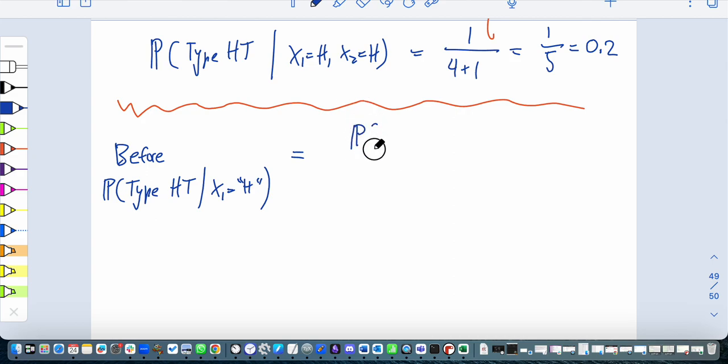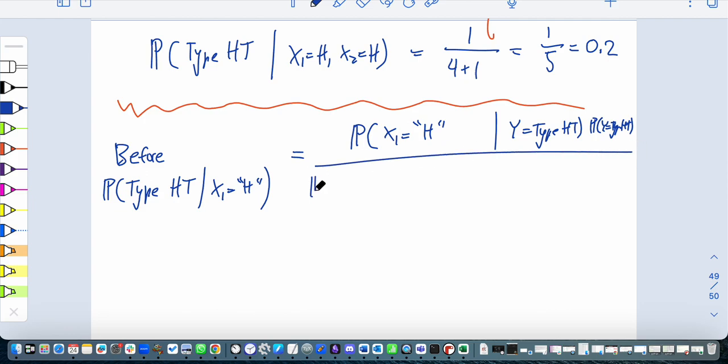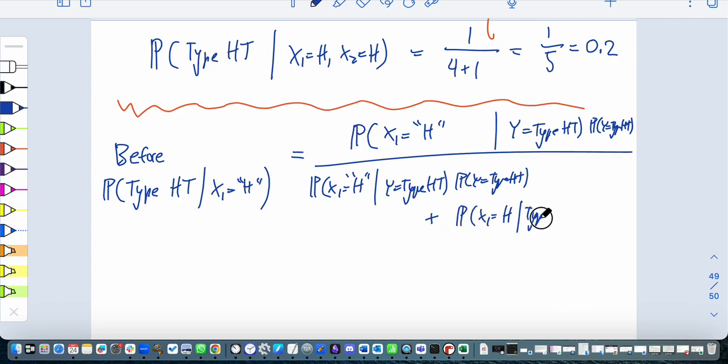It's the probability that x1 equals heads, given y equals type heads, tails, times the probability y is type heads, tails. And then it was divided by the probability that x1 equals heads, given y is type heads, tails, again times the probability y is type heads, tails, plus the same thing from the other class. So the probability x1 equals heads, given type heads, heads, times the probability of type heads, heads.